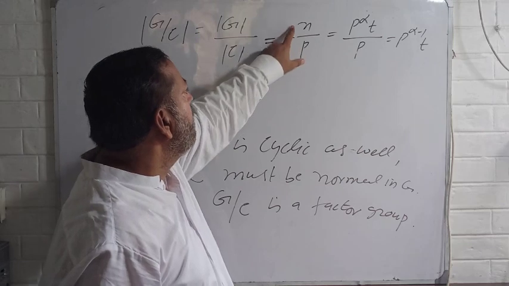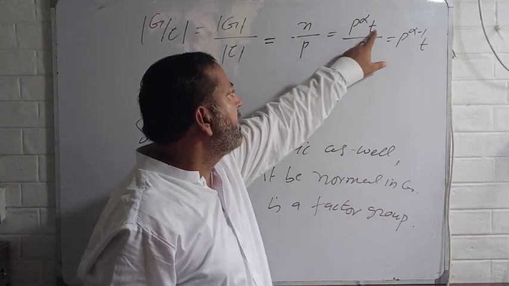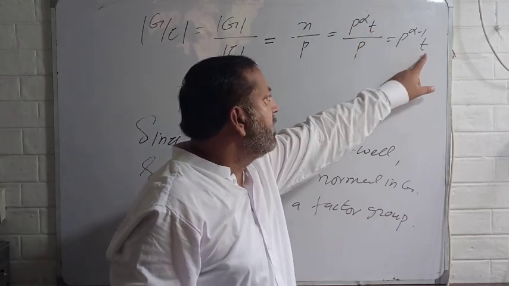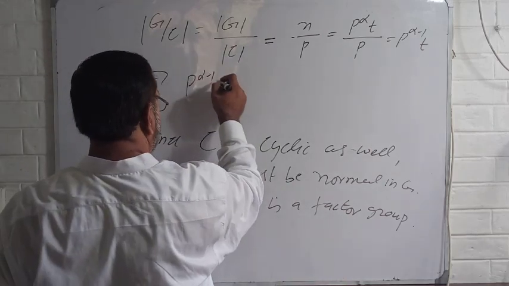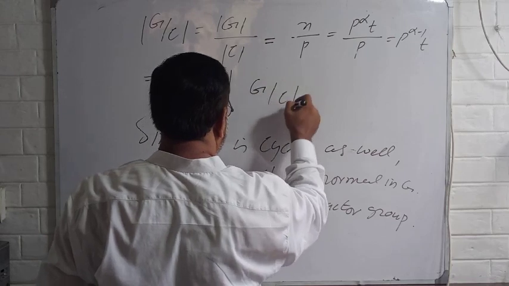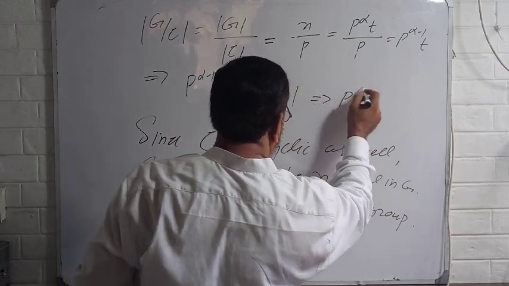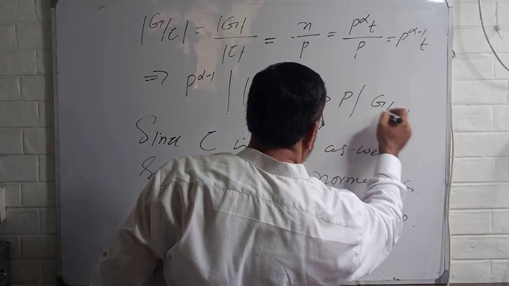That's why n by P, and you know n is equal to P power alpha T, so that's why P power alpha minus 1 T. This means that P power alpha minus 1 divides the order of G by C. So this implies P also divides the order of G by C.